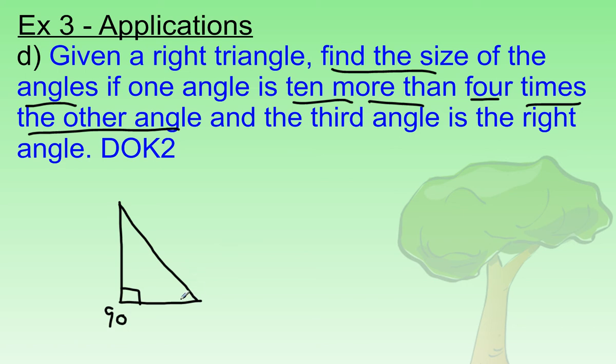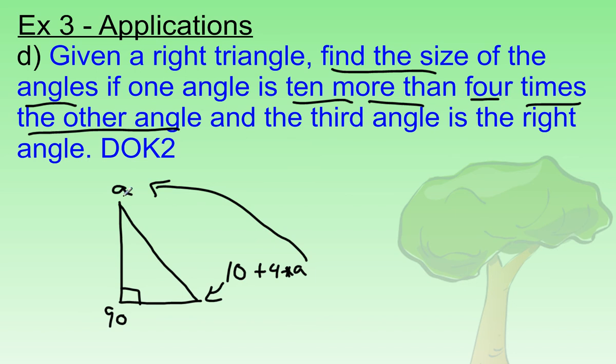So I'm just going to call the one angle A, I guess. A. The other angle is 10 more than 4 times that guy. This angle here is 10 more than 4 times the other angle. See what I'm saying here? See how this picture kind of helps out?